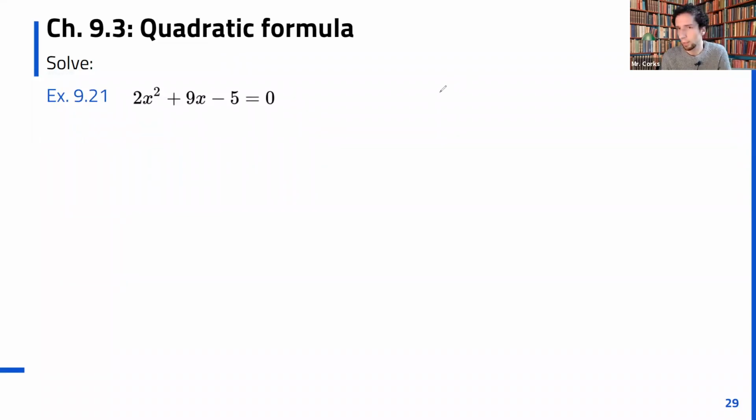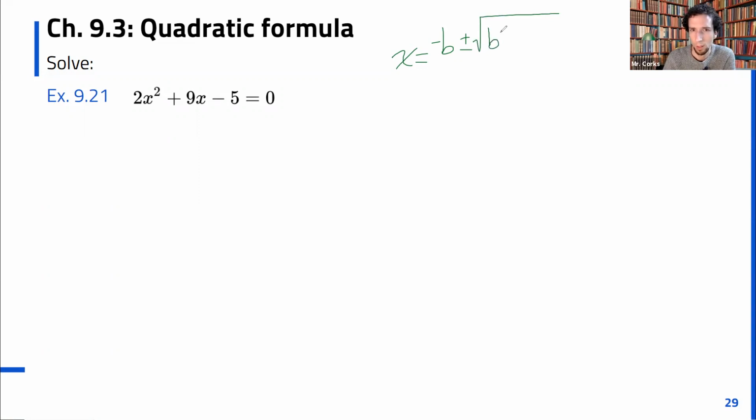All right. I just had the formula there, and now I don't have it. Can you remember what it is? Can someone tell me? Minus b, plus minus, the square root, inside the root b squared minus 4 multiplied by a c.